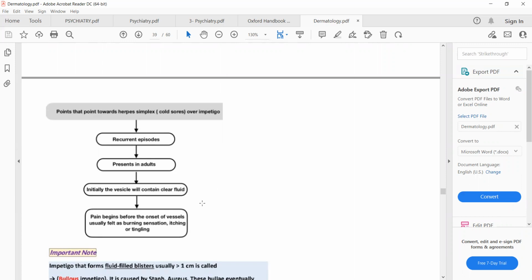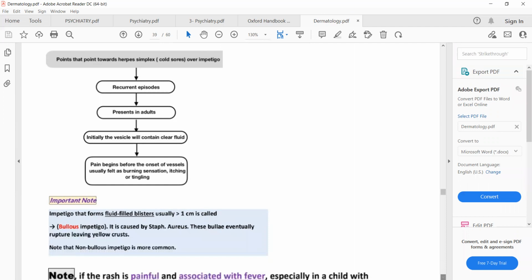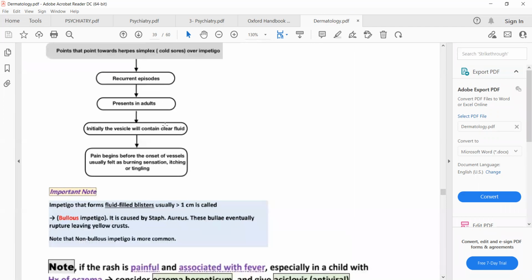Initially, the vesicle contains clear fluid and pain begins before the onset of vesicles. And the pain is usually felt as burning or itching or tingling sensation before the appearance of the vesicles. If these 4 points are given, then your diagnosis will be cold sores or herpes virus infection.